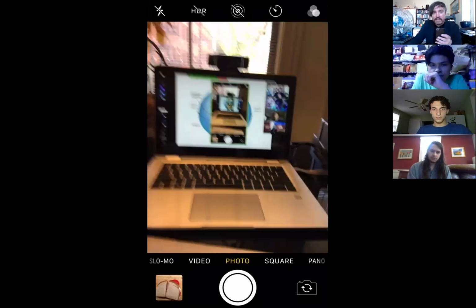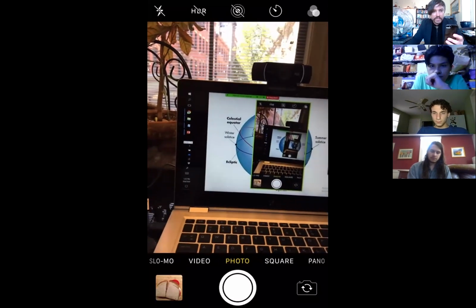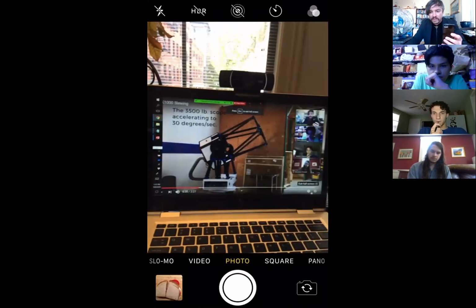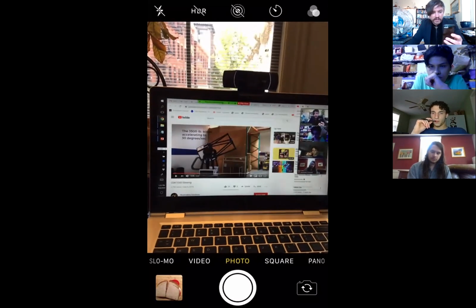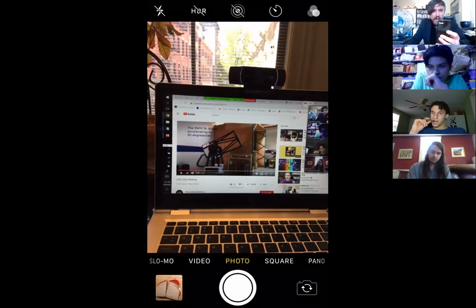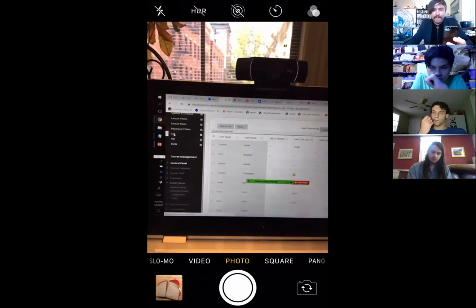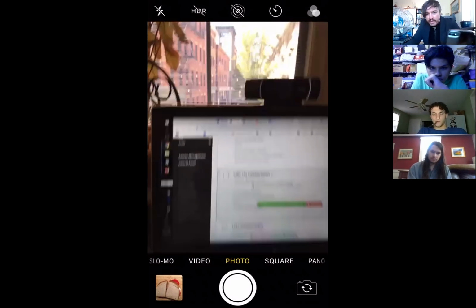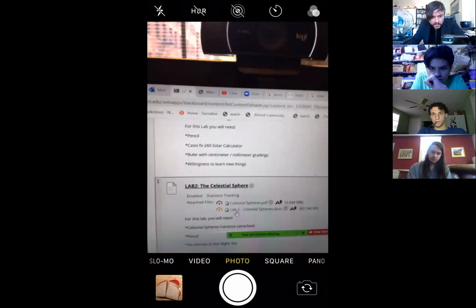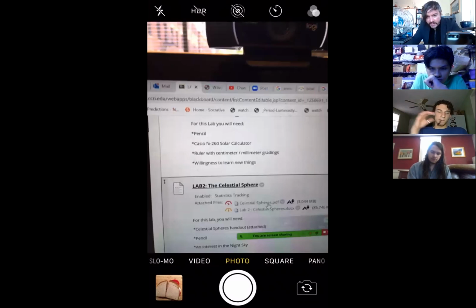I realized something happened here. On Blackboard, I don't want to stop using my phone here because sometimes it doesn't work that well, so I've got to stay in phone mode. On Blackboard, I provided you guys with 2 different versions of the lab. Notice that for Lab 2, I provided the celestial spheres docx and the celestial spheres PDF.